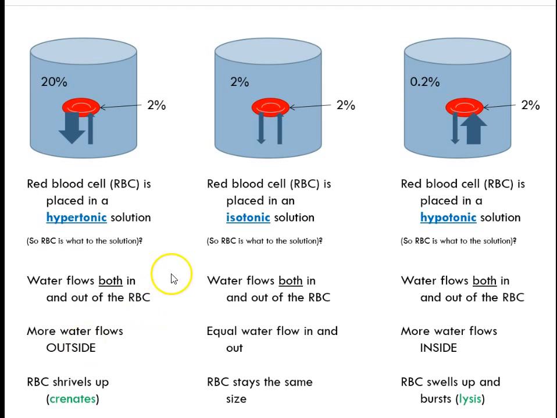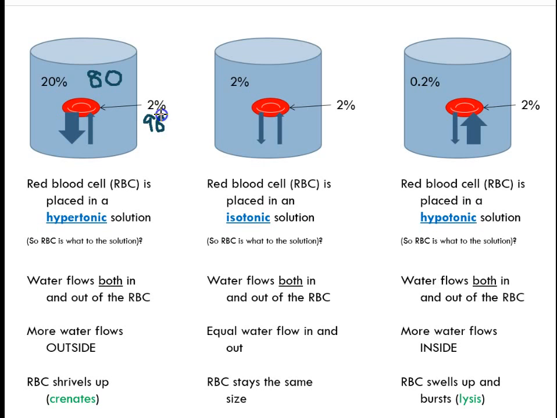Let's look at a hypertonic solution. You can see this is the solute concentration. We want to know what the solvent, or water, concentration is. So that means there's 80% water on the outside and, I'm just going to write it over here, 98% inside.